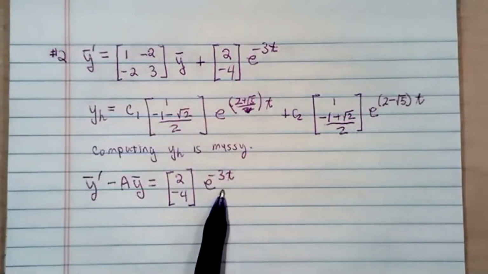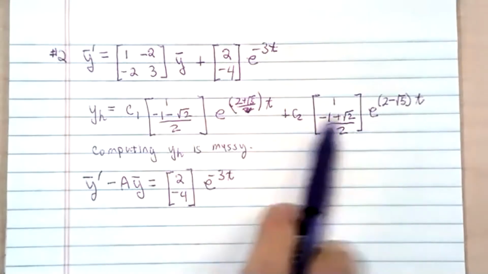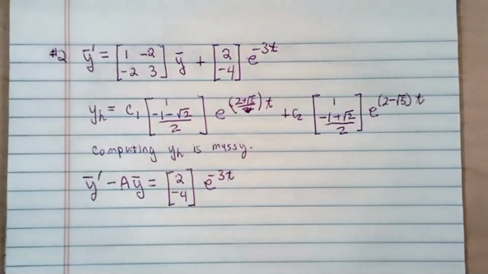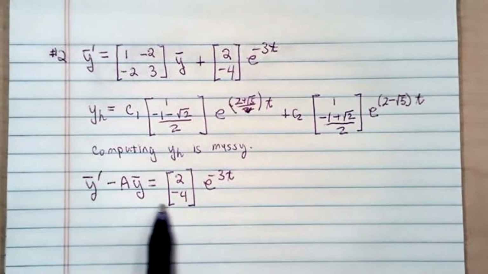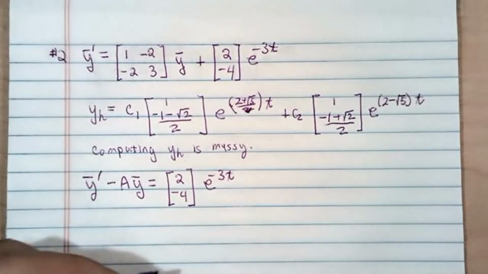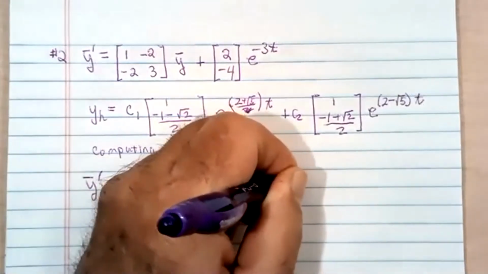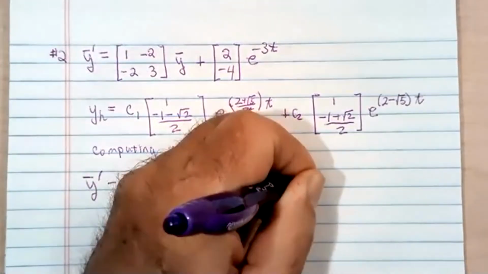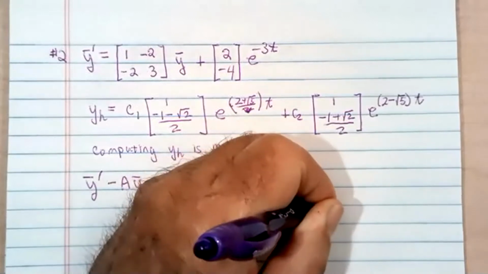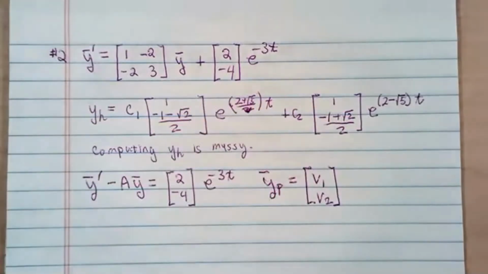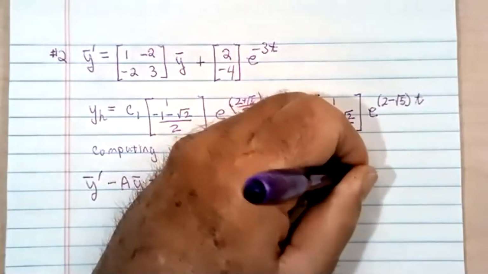And this exponential is not a part of the homogeneous solution. So what do we do? We say, well, if this is a linear equation, and it is, then we would expect that the particular solution would have this kind of form, some constant vector times e to the minus 3t.